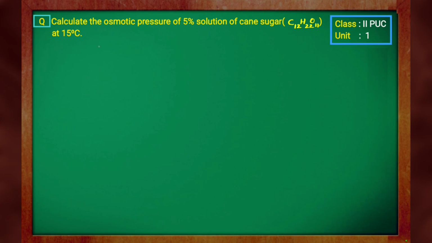Calculate the osmotic pressure of 5% solution of cane sugar, which is sucrose with the formula C12H22O11, at 15 degree centigrade. So we have the formula osmotic pressure pi is equal to W2 into R into T divided by M2 into V. So from the question, they have given us 5% solution of cane sugar, which means that we have 5 gram of sucrose in 100 gram of water or 100 ml of water.